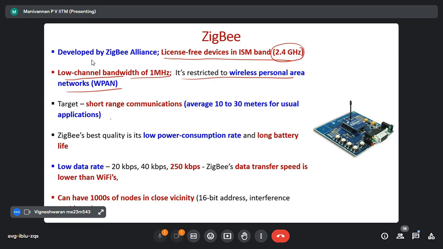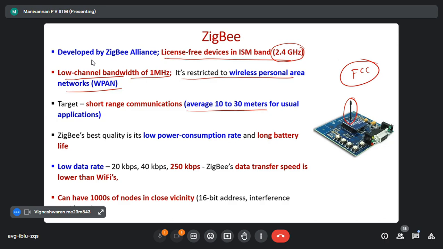What is the maximum range it can work? Zigbee generally has a maximum of 30 meters, and it can go maybe 50 meters. Please note that the amount of power you can transmit through a Zigbee antenna is fixed by the FCC. Generally the range can be a few meters plus or minus.